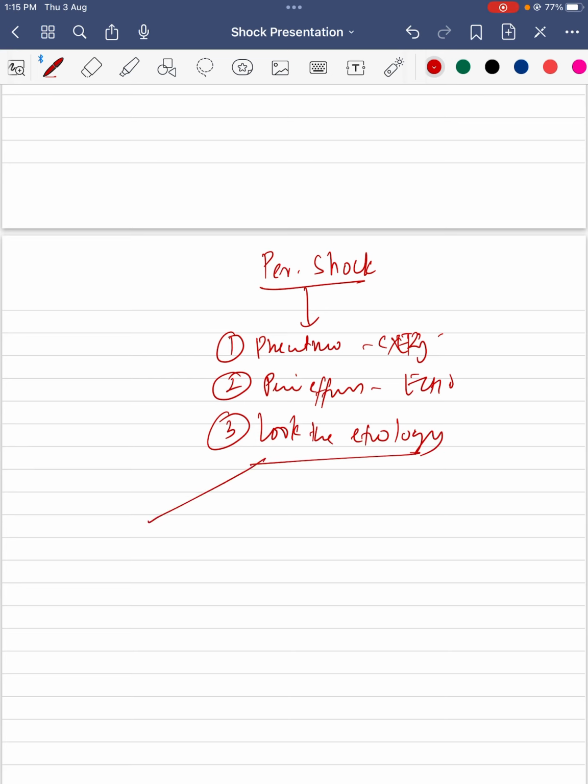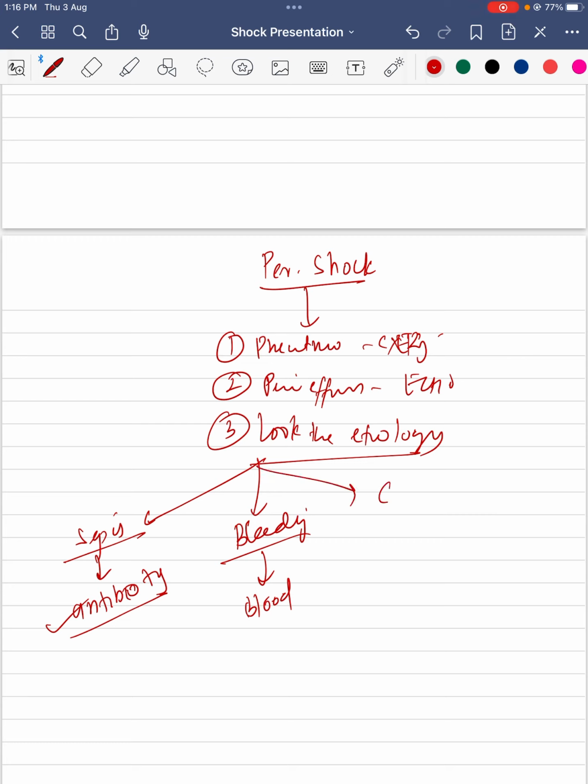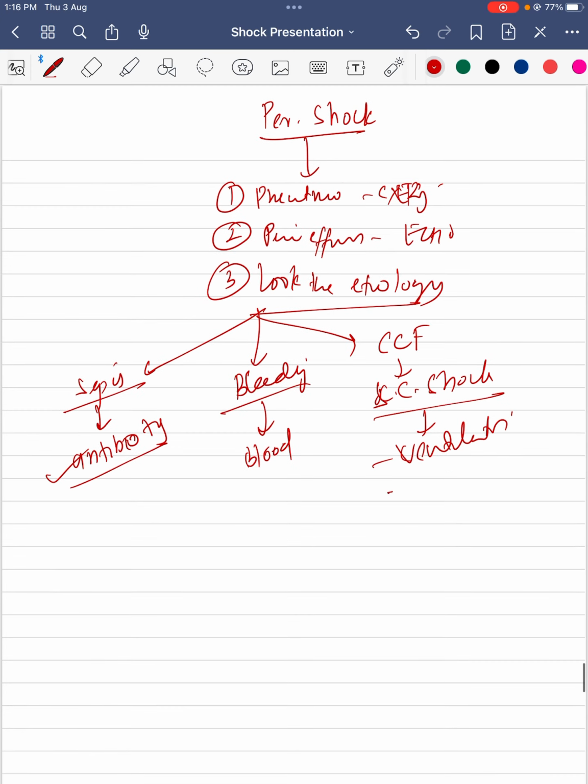If it is sepsis, make sure proper antibiotic at proper dose at proper site is going on. If it is bleeding, make sure blood transfusion is going on. If it is congestive cardiac failure leading to cardiogenic shock, make sure the child is ventilated and PRBC is adequate.